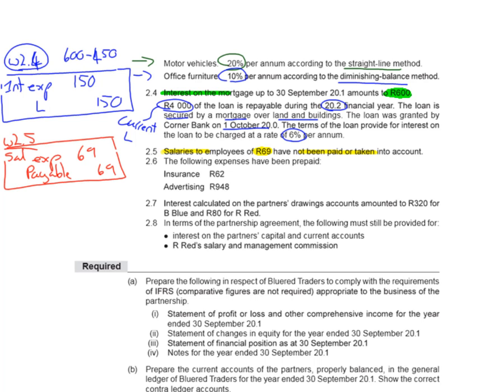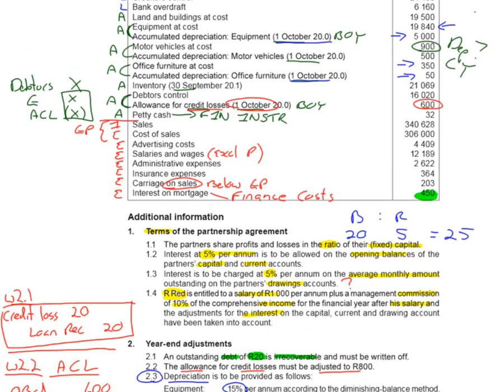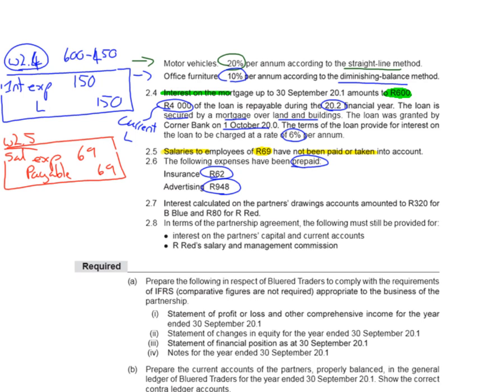Okay, now we've got a bit of a tricky one. The following expenses have been prepaid, 62 and 948. So if I go back for insurance of 364, I need to deduct 62 Rand from, right? Because it was included in the expense when it should have been expensed in a future period.